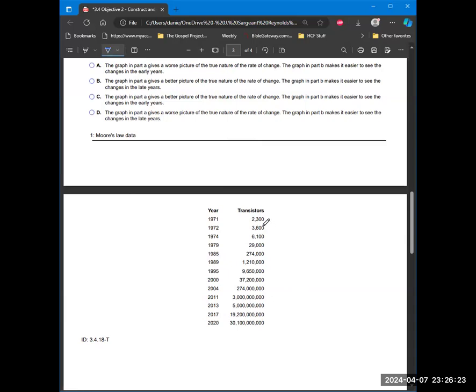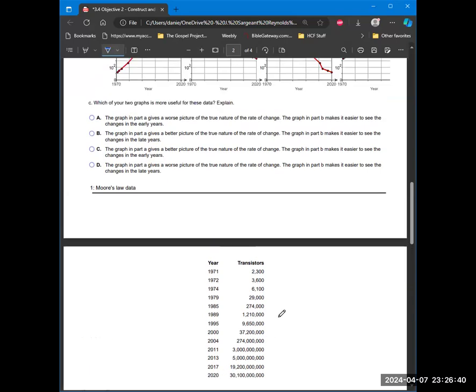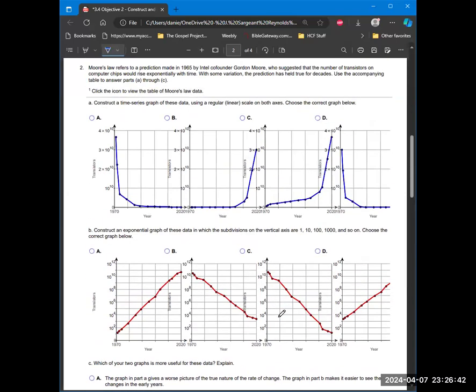So we would have a very hard time graphing 2,300 and 30 billion 100 million on the same y-axis without turning these into scientific notation and graphing these on an exponential scale. So which of these is showing a rising curve that's roughly exponential? And that would be B here.